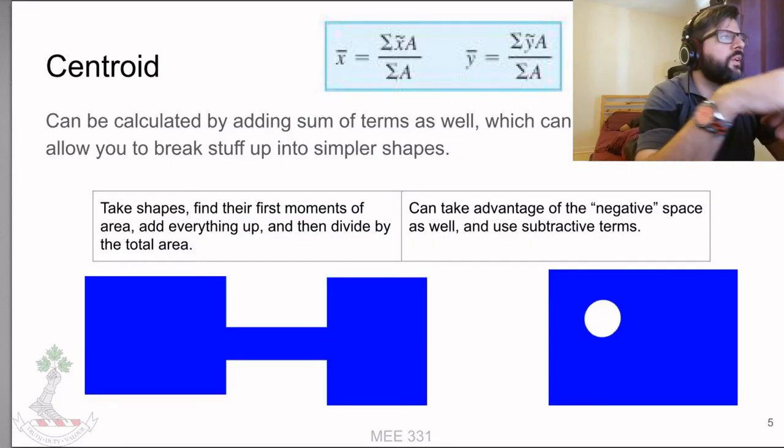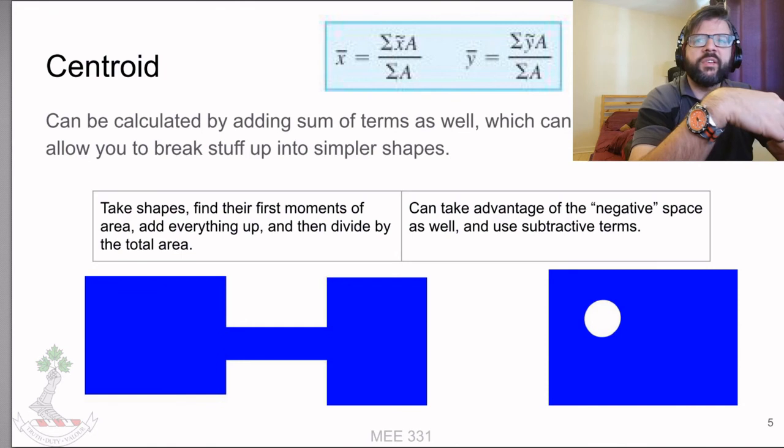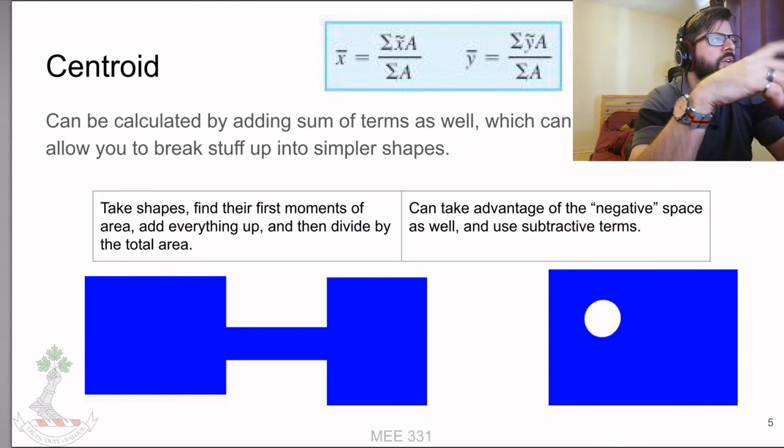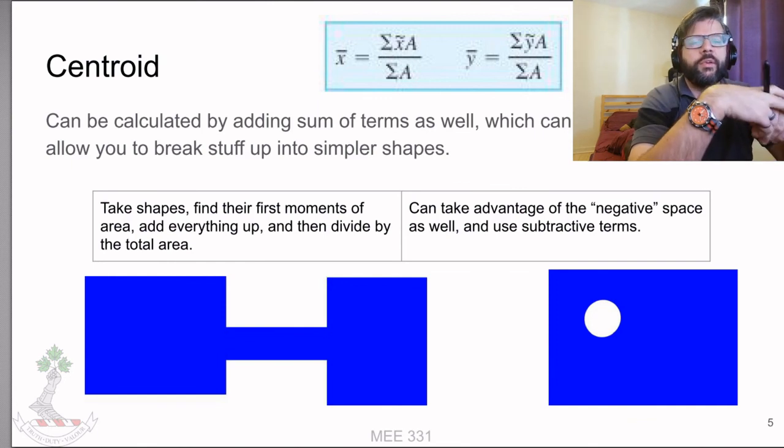So yeah, we don't necessarily need to be integrating all the time. We can break stuff up into the sum of its terms and work with simpler shapes. So finding the various moments of area for the objects in question, adding everything up, and then just dividing by the total area.